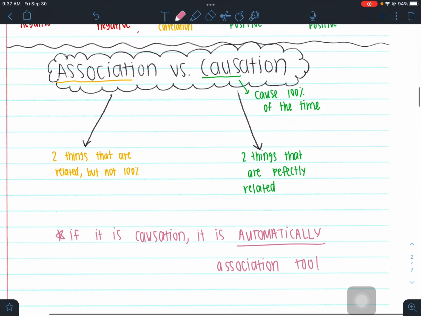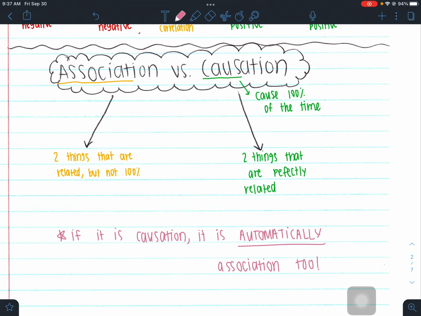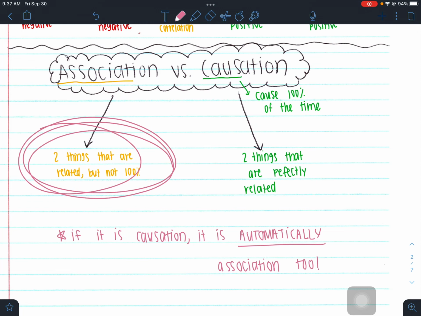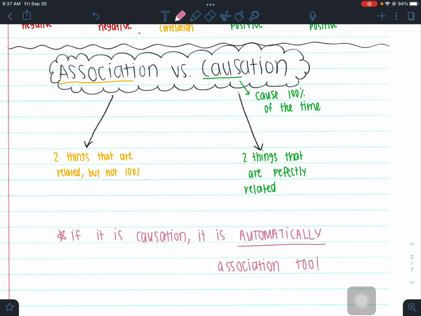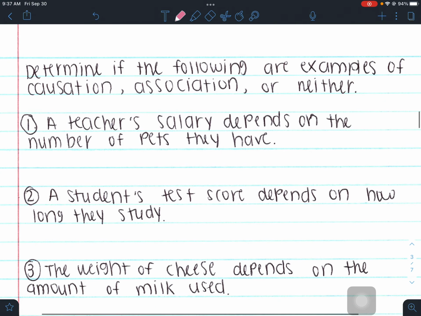Why is that? Well, if two things are perfectly related, then automatically aren't they related in general? So if it's association, it does not mean that it's causation. But if it is causation, it is automatically also association, because association just means that they're related. Causation means they're related and it happens all the time. So if something is causation, you would say that they're both.